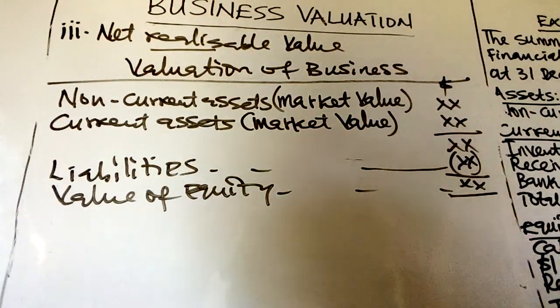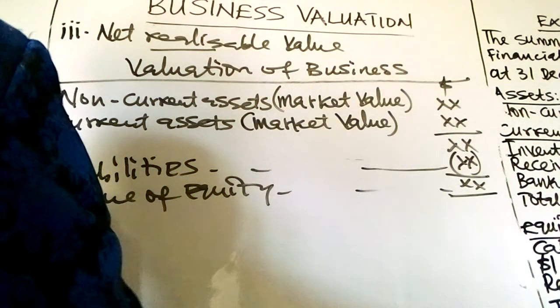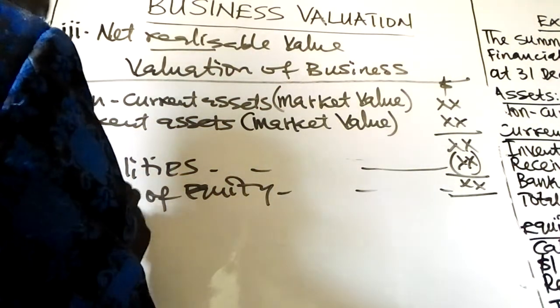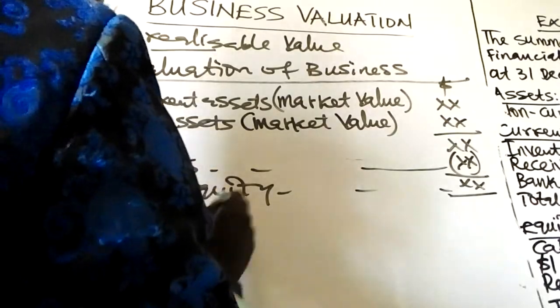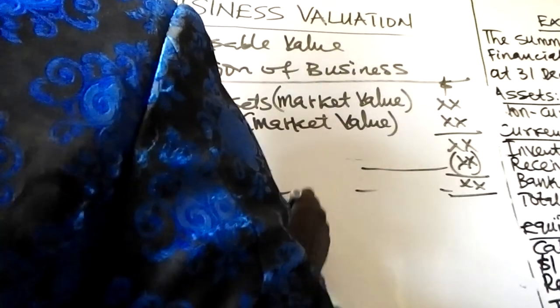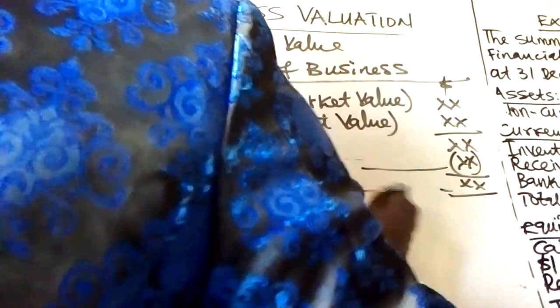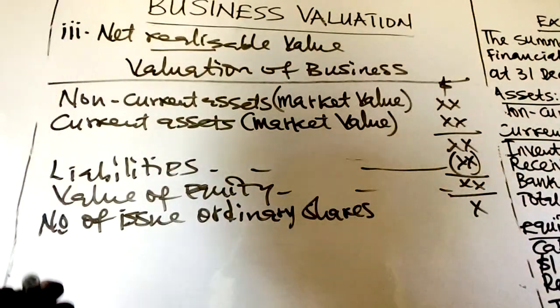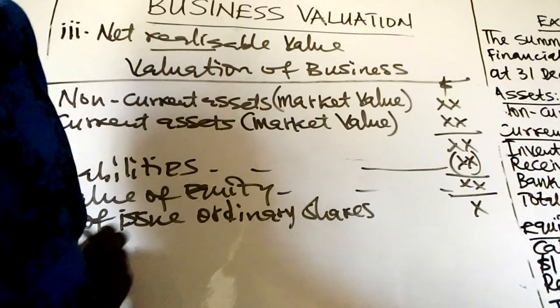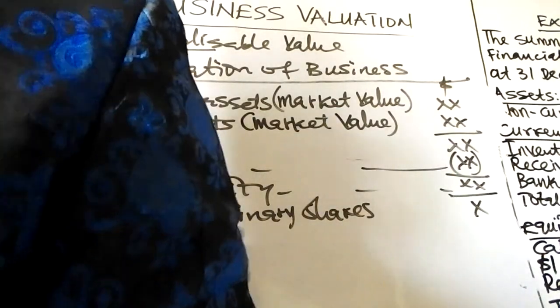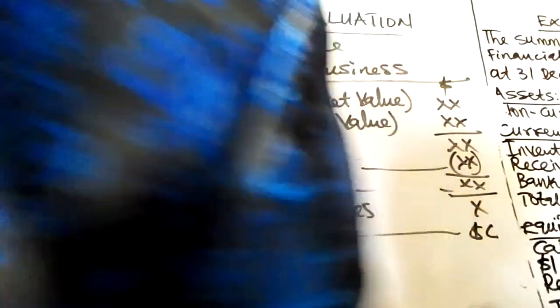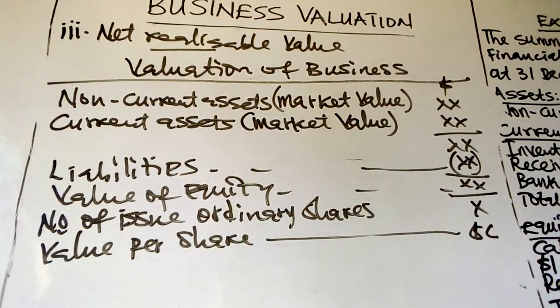Then you now have number of issued ordinary shares, that could be X shares. Then you have value per share. That could be C dollar or C cent. So that is for that.